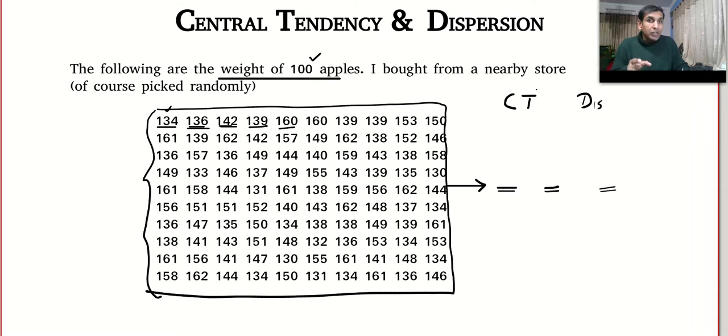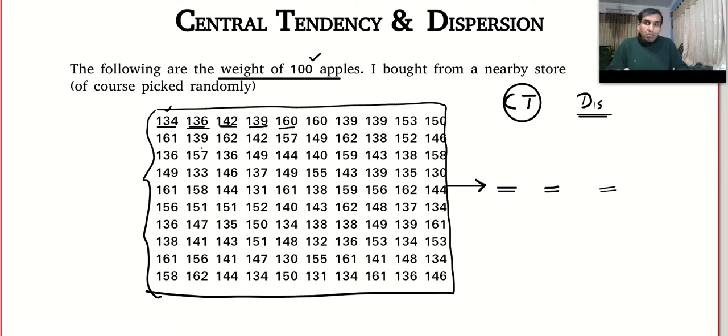And don't get worried by seeing all these words. These are something which you have already learned. Central tendency is something like mean, median, mode, geometric mean, harmonic mean, etc. Basically, they are called the averages. And dispersion means how dispersed is the data from where to where.